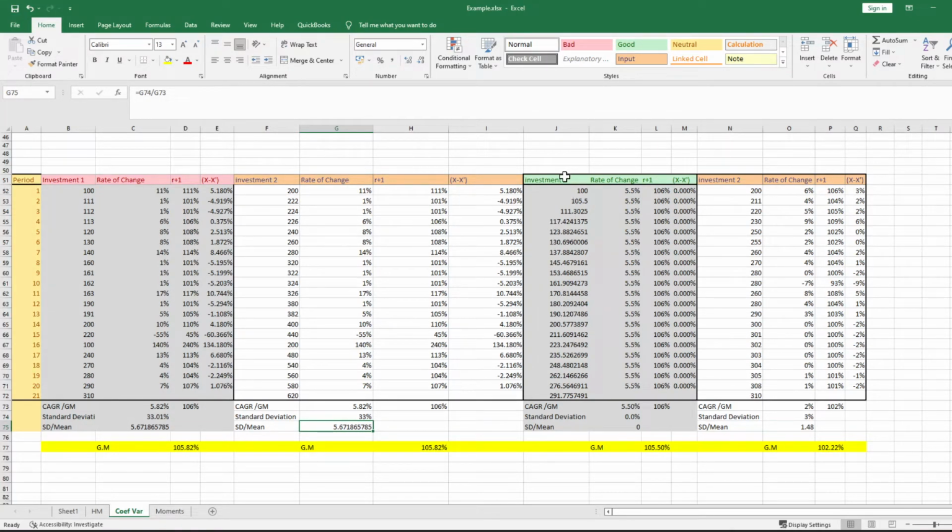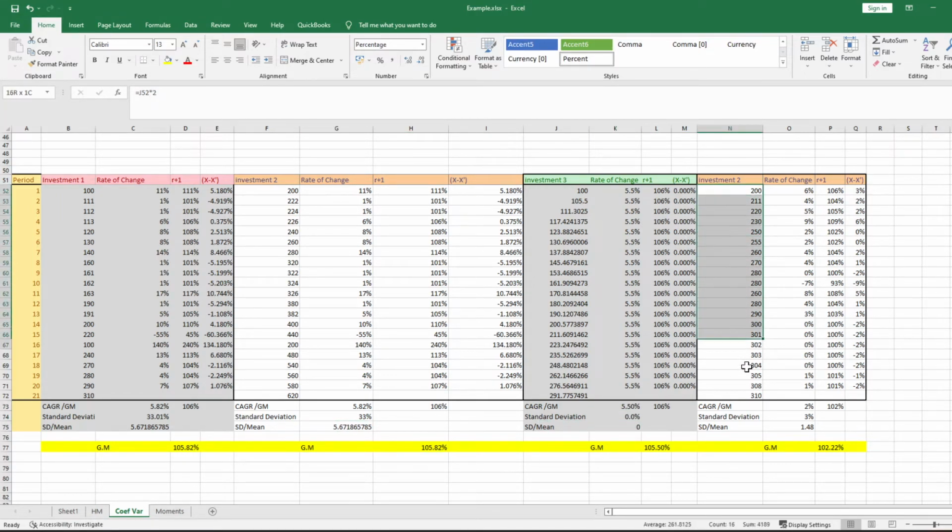And when you have investment 3, you could see that your CAGR is 5.5 because it's a fixed rate and the standard deviation is 0 because there is no variation. You are going to get the same return always. In that case, standard deviation by mean is 0. So you have 0 variation but a return of 5.5.